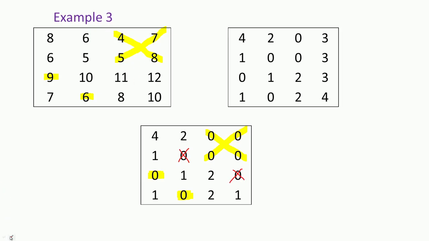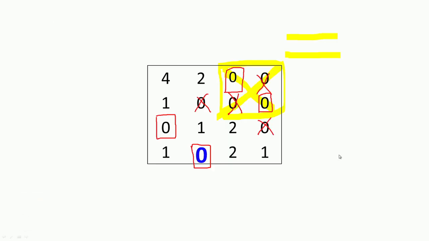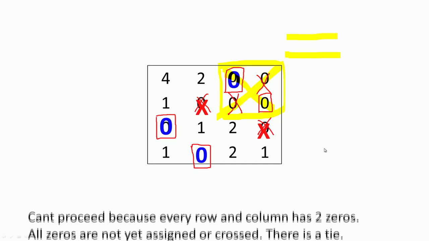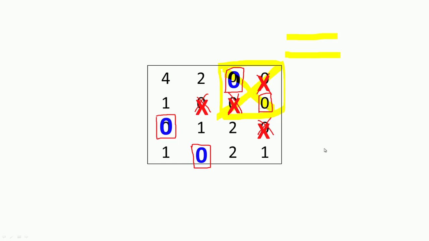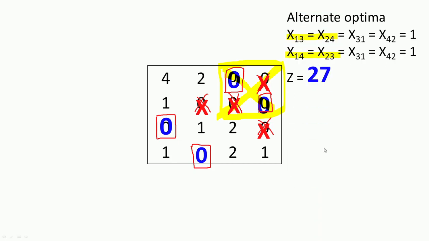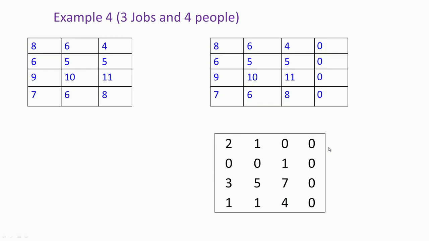So, we would get alternate optima, both of them giving solutions with 27 as the value.